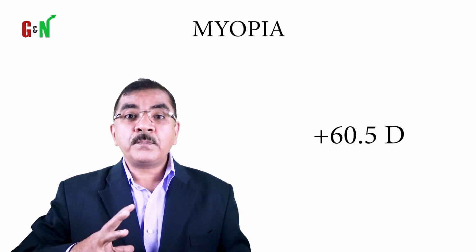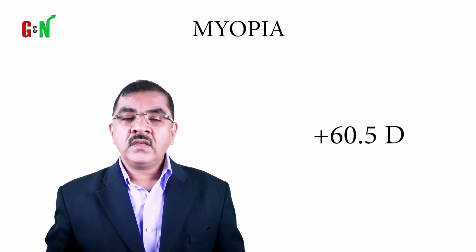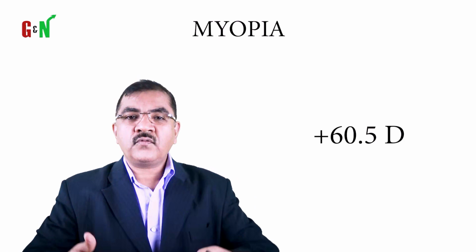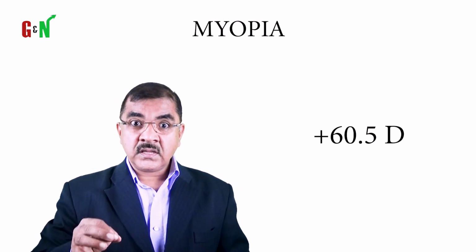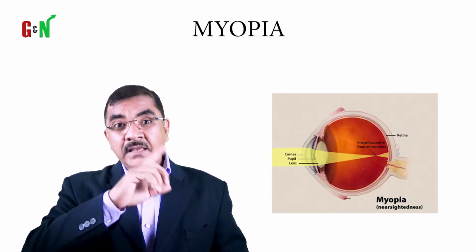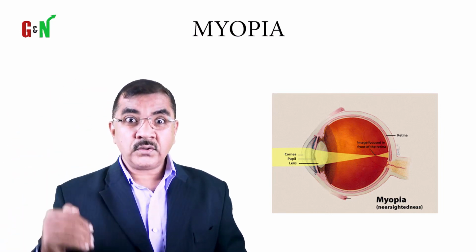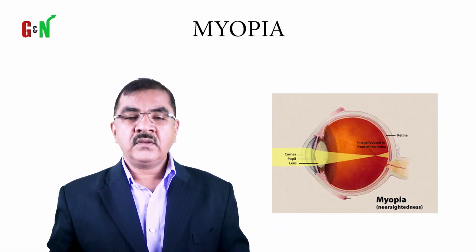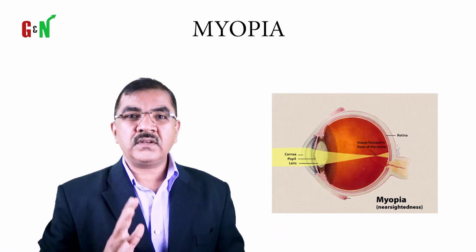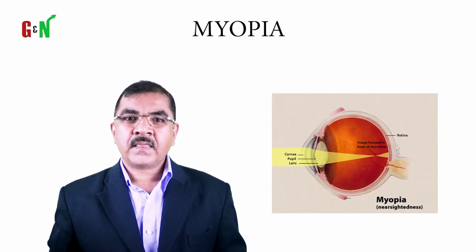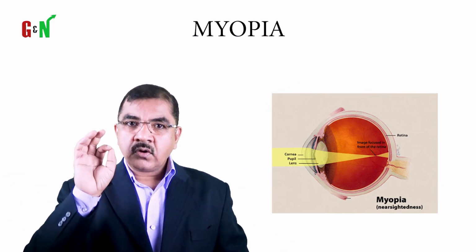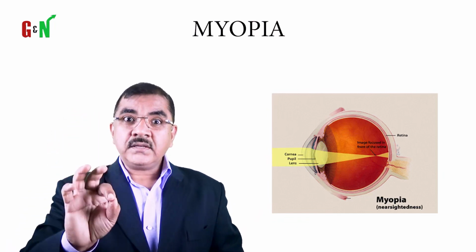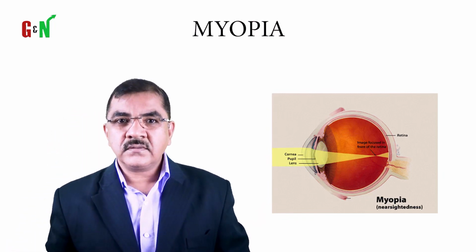So the optical power, which is high, will induce too much focal power. As a result, the image in emmetropes, which falls on the retina perfectly well, will now fall in front of the retina.